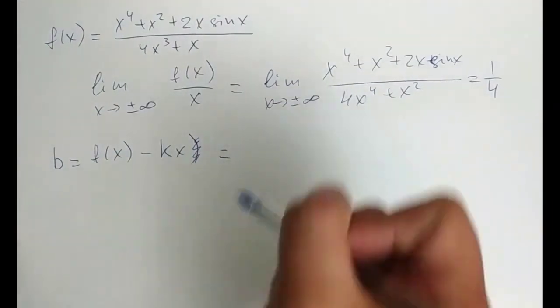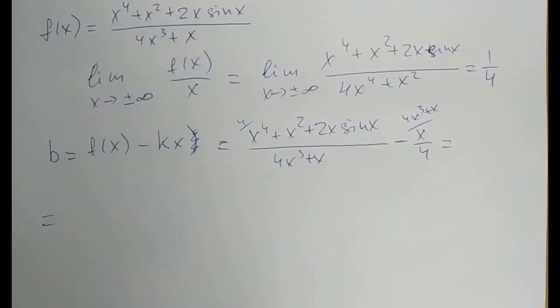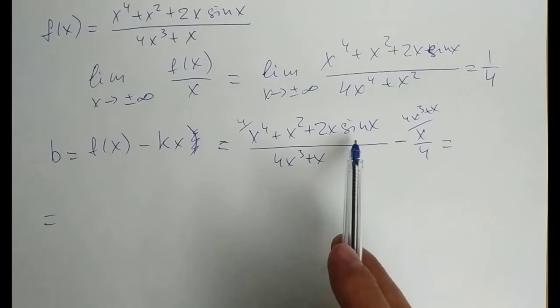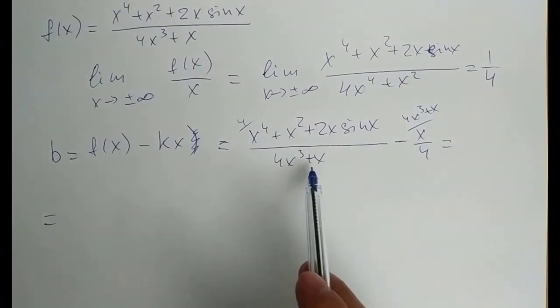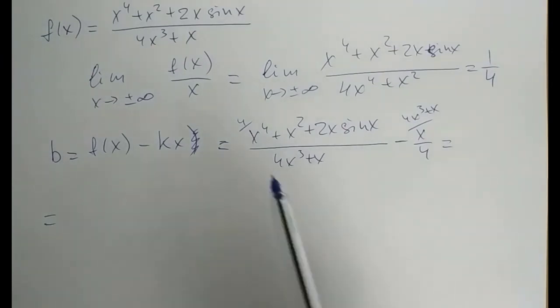So it equals, we need to give a common denominator here. So it is x fourth plus x squared plus 2x times sine x over 4x cubed plus x, and minus x over 4. And we give a common denominator.